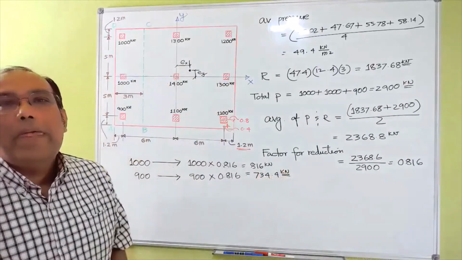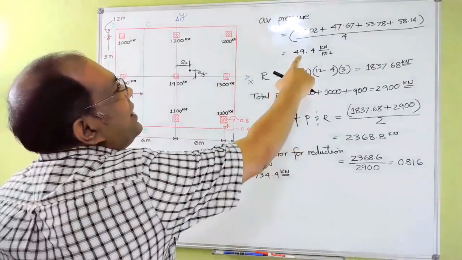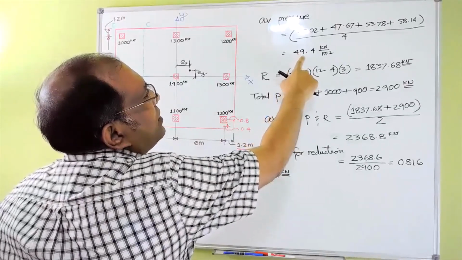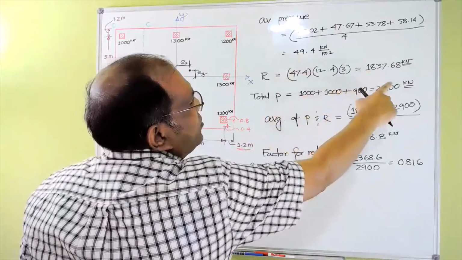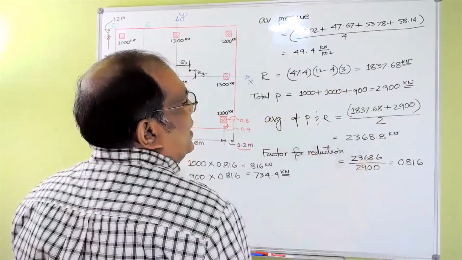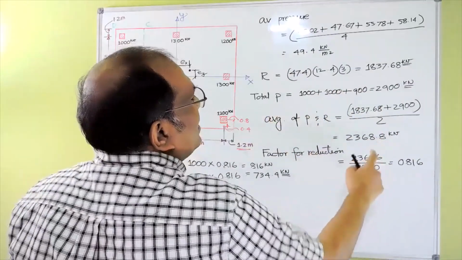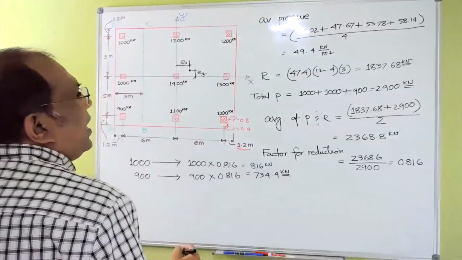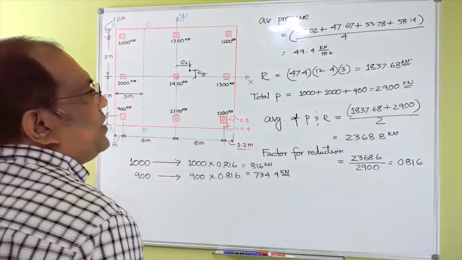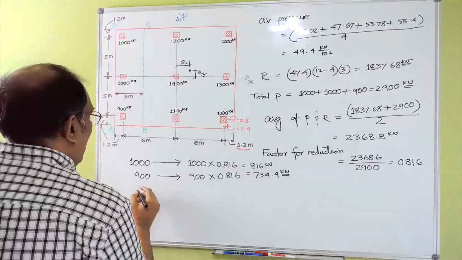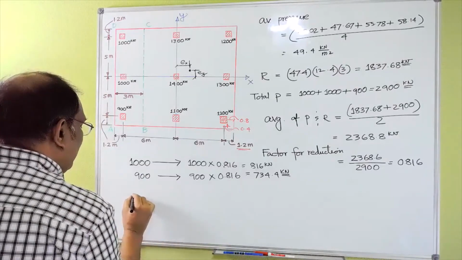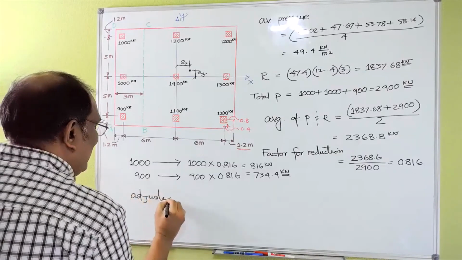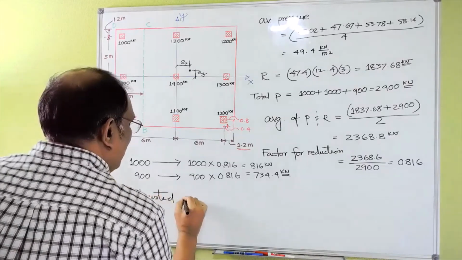Okay, now I have to increase that one in such a way that the total load here has to be actually 2386.8 here. Okay, so how can I do that? I'll just divide, like the stress now, the adjusted pressure.